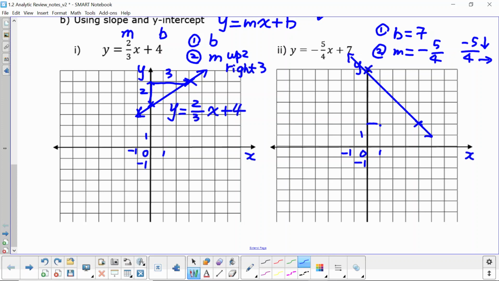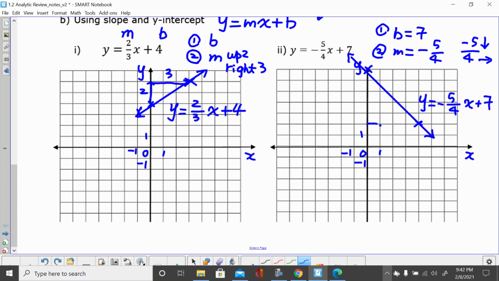The graph doesn't stop at these 2 points. Then you label it using the equation y equals -5 over 4 x plus 7. Then it's done. Check your answer. If it's not correct, replay this video. If you still don't understand, ask for help from your teacher, okay?